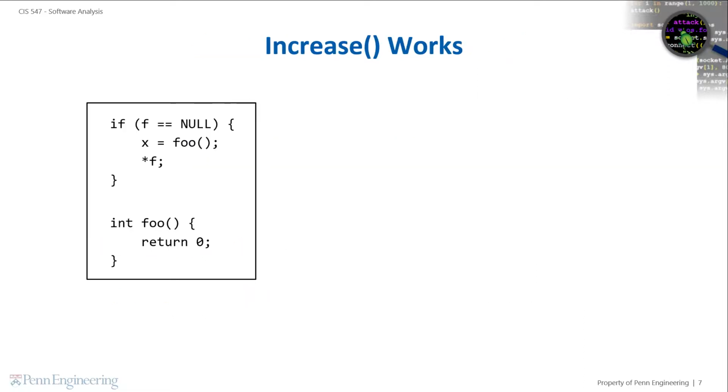Let's revisit our earlier example and work out the increase values. Recall that this example has two predicates, f equals null and x equals 0. Only f equals null is a predictor of run failure, whereas x equals 0 is an innocent bystander. But these two predicates are indistinguishable based on their failure scores alone, since they both are observed to be true in all failing runs of the program.